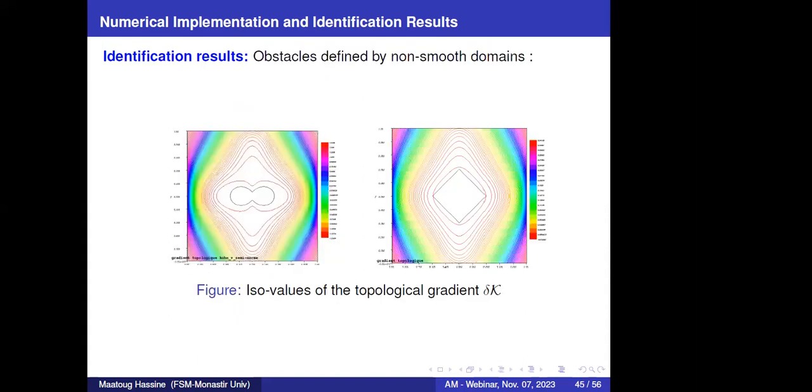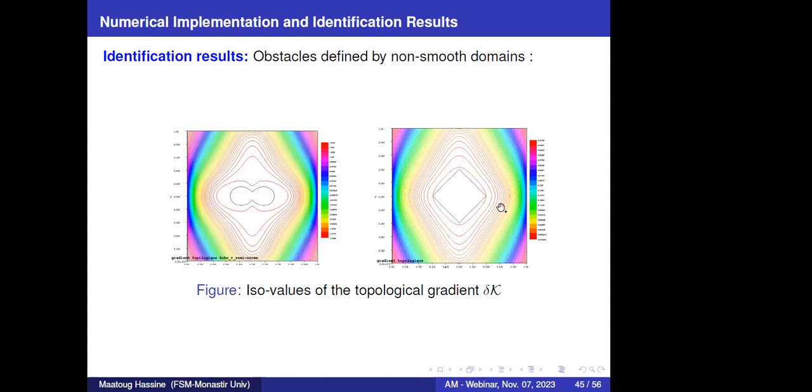The last example is concerned with the detection of some obstacles defined by non-smooth domains. We remark here that our detection algorithm gives a good detection of the location of the obstacle.